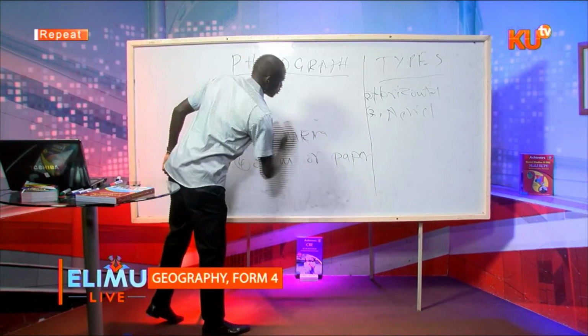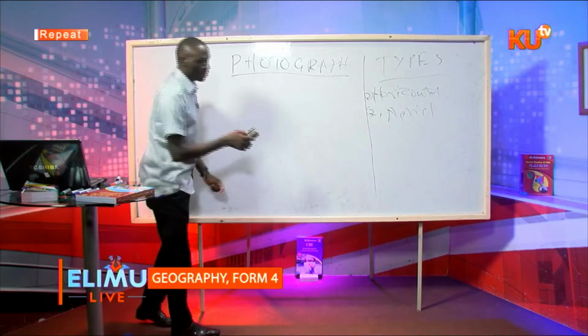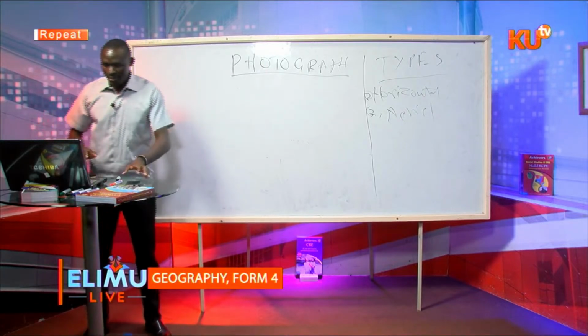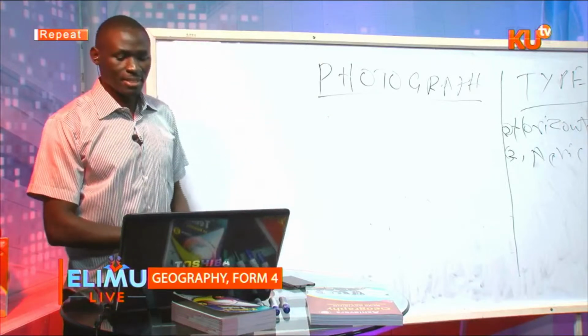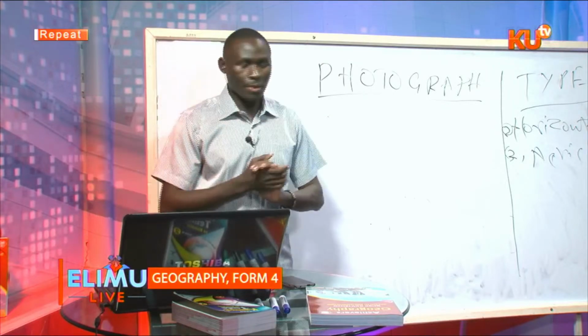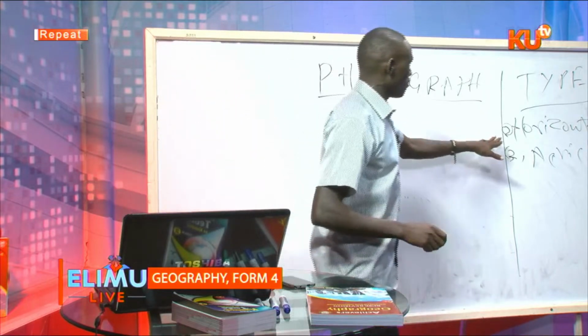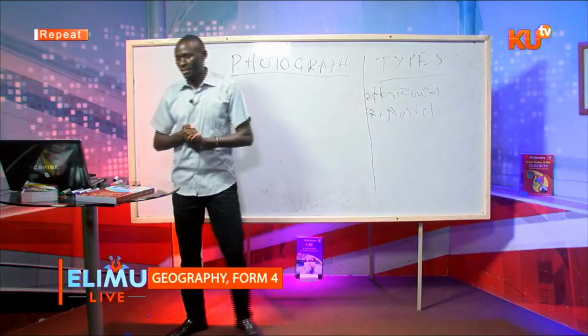Now, when we are talking about the horizontal photograph, this is a photograph that has been taken with the camera at the same level with the object. The camera is at the same level with the object.